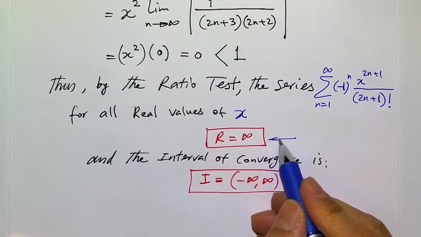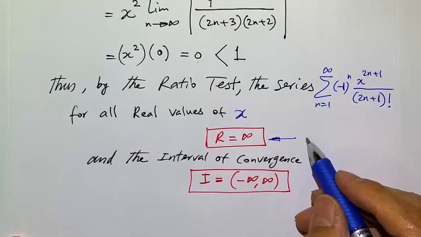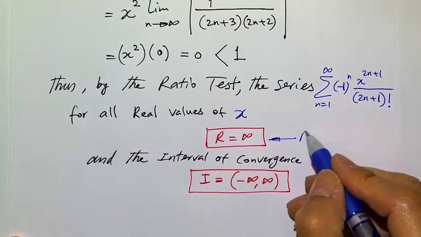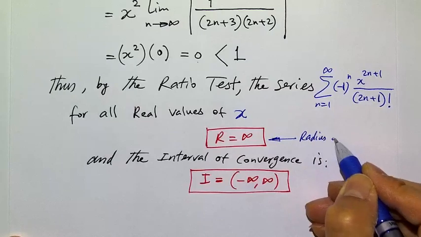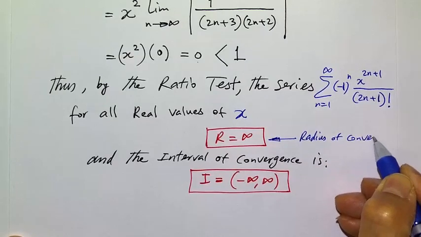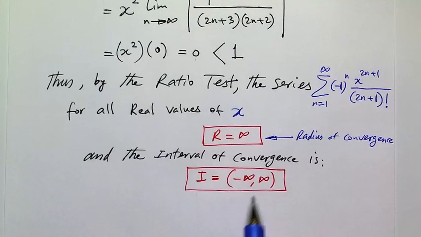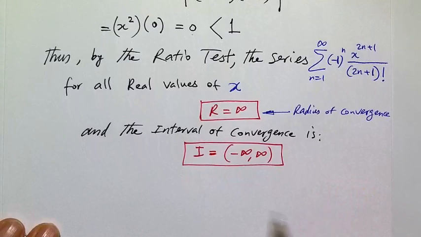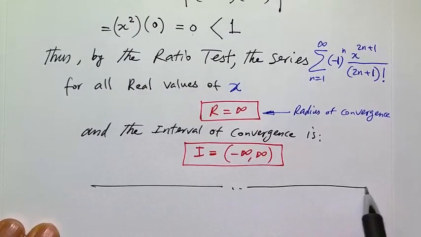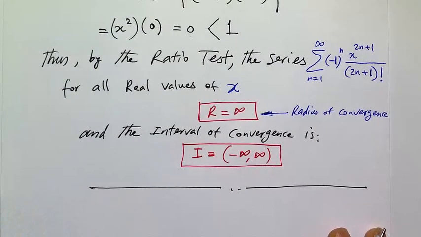So maybe I should repeat the name since we're just introducing this. So this is the radius of convergence, and this is the interval of convergence. I hope this agrees with the work you did on the scratch paper.